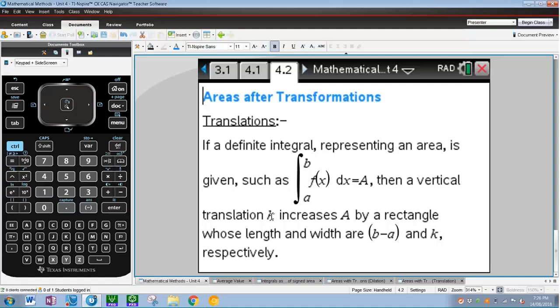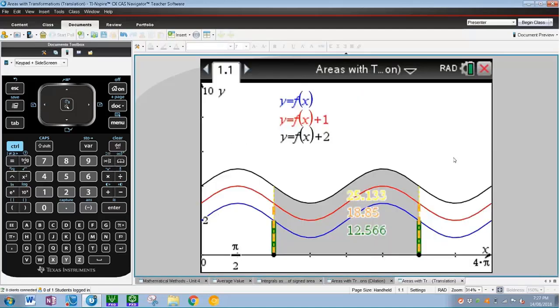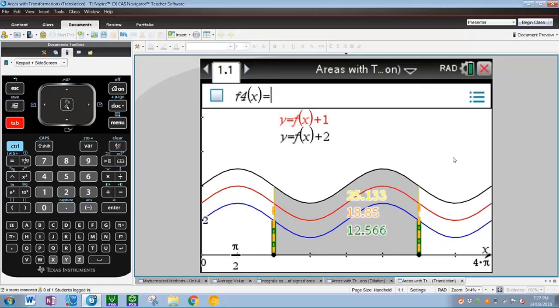So what happens is that the area that we get will increase by the area of a rectangle, and that rectangle's length and width are b minus a, so that's the width of the domain of f of x, and k, basically the amount of the translation. So again, we've got a very similar setup. I've used the same graph here just to keep it consistent.